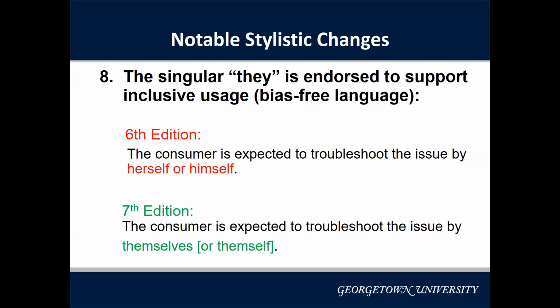For example, instead of writing, "The consumer is expected to troubleshoot the issue by herself or himself," we should say, "The consumer is expected to troubleshoot the issue by themselves." Please do note the alternative spelling for themselves with the F at the end of the word in the example.